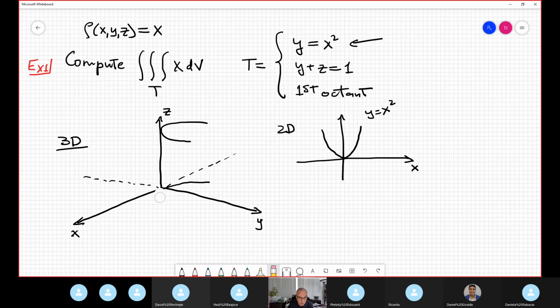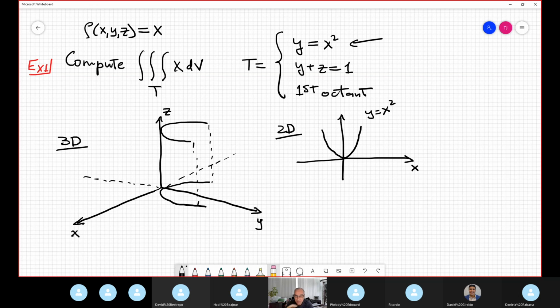I try to do my best. This is hard, I know. Okay, this is a parabola like that. Therefore, something like that. After, I promise that we check it out in Geogebra, but I need to do the rough sketch in 3D and 2D.